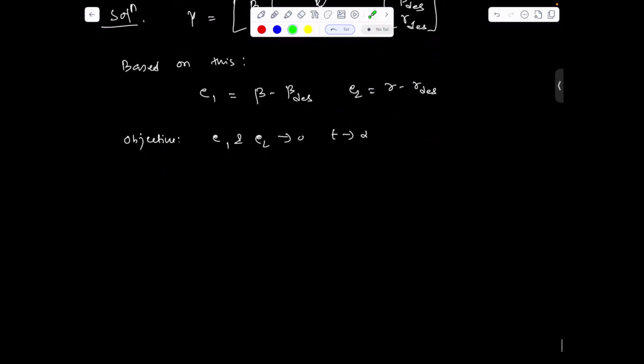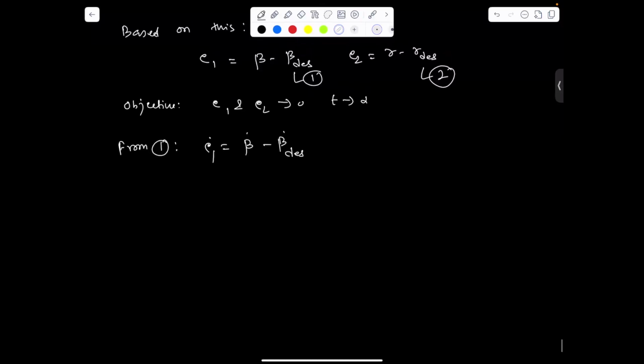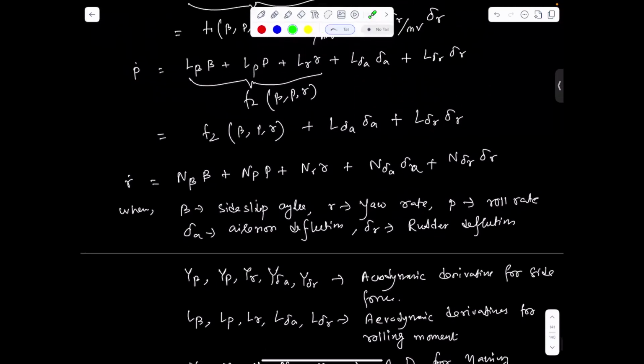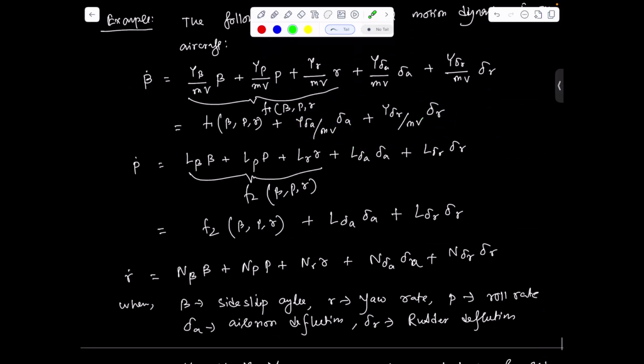Let us define this as equation number 1, and this is 2. From 1 we can write E1 dot equal to beta dot minus beta desired dot. If you notice, in the beta dot equation we have the control. So no need to go to the second derivative. In the first derivative itself, the control signal appears in the beta dot equation.